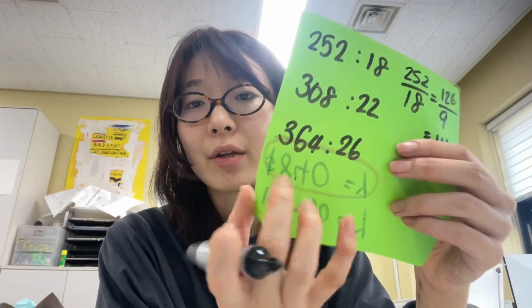I'm going to take a look at 364 to 26. 364 over 26 can be simplified to 14.